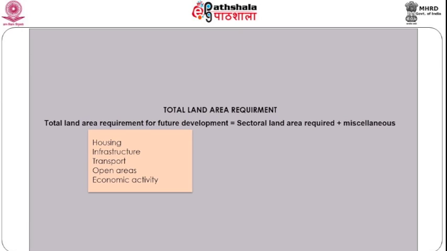One method is using a town density, which is basically for various typologies and scales of cities, densities of the cities have a certain range. So based on the norms and guidelines, one can use the density in order to calculate a gross land requirement, a total land requirement for the future city.